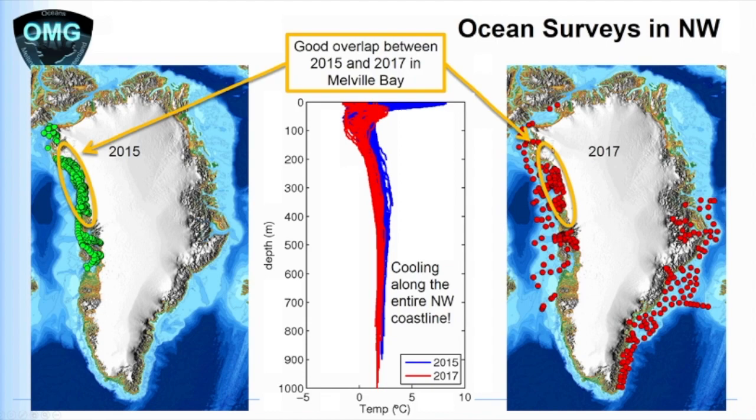If we look at the 2015 ship data and the 2017 airborne cruise in Melville Bay, this corner in northwest Greenland, then we see that cooling signal actually has traveled all the way up the coast. And as I said, we'll be looking for this kind of slowing, or in some cases even advance and thickening, of glaciers to see whether it spreads up and down this coast.